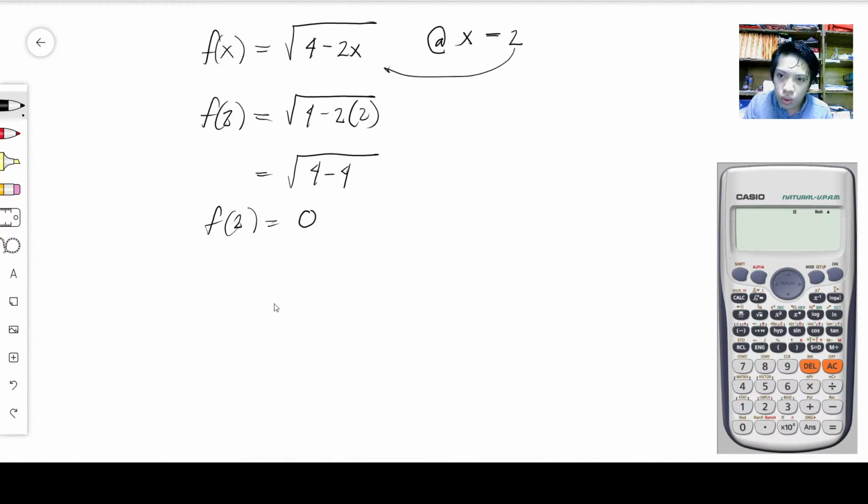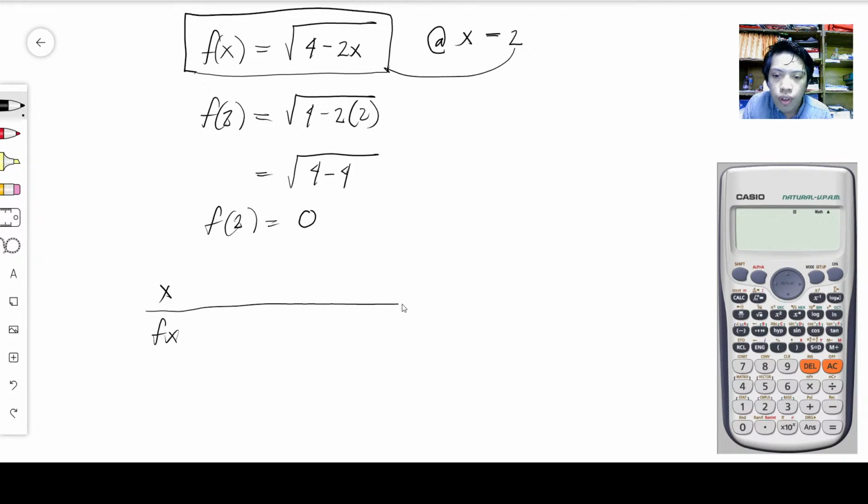Okay, so if you can still remember, suppose we have x and we are using the same function. F of x is equal to the square root of 4 minus 2x. So if we construct the table of values, we have our x and the f of x.